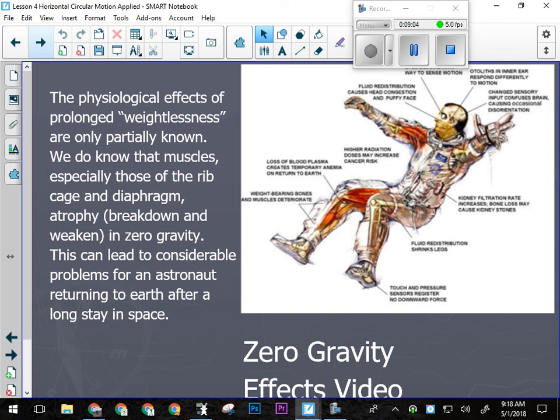You also have a change in the distribution of fluid in your body. On Earth, fluid generally moves towards our feet and legs, so we look like we normally do. You go into space, and for the first couple of days, you are very arthritic, especially in your hands and back, because the fluid that's normally in your legs redistributes everywhere, and you actually look all puffy and swollen.